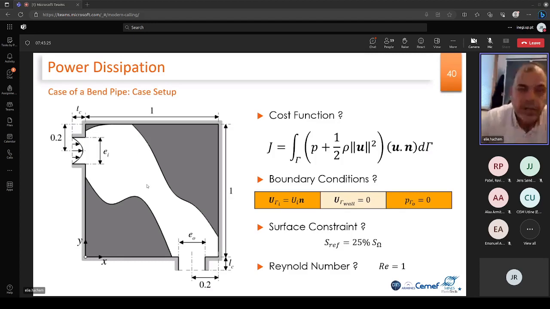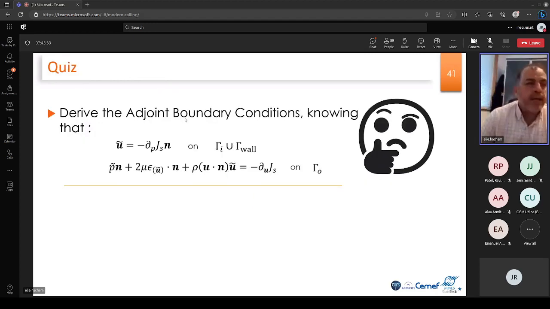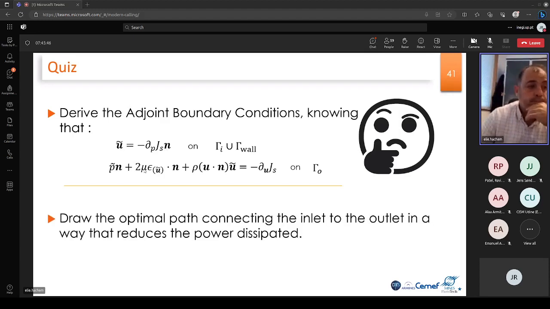The Reynolds number here is 1. That's why we are using the non-time-dependent equation, so they can converge, because the Reynolds number is low. So in this case, as I told you, you can use the cost function to derive and recompute the boundary conditions that you need for the velocity and for the stress on the adjoint equation.